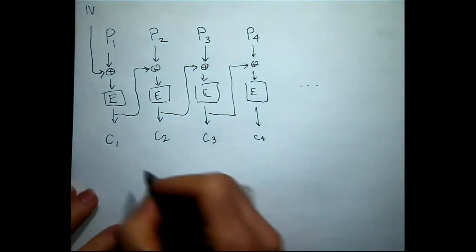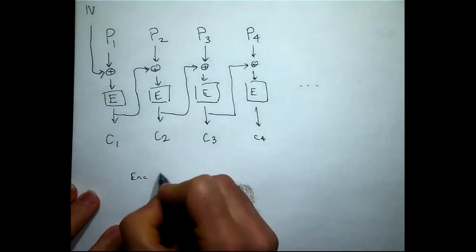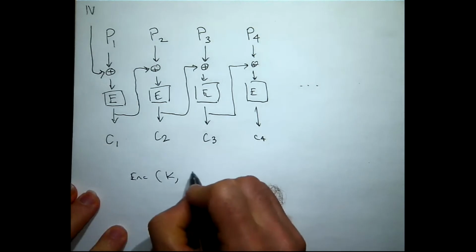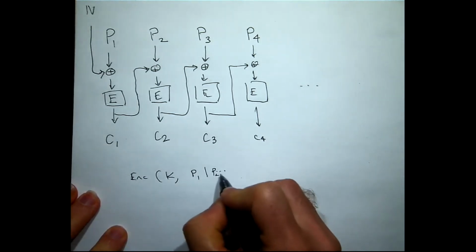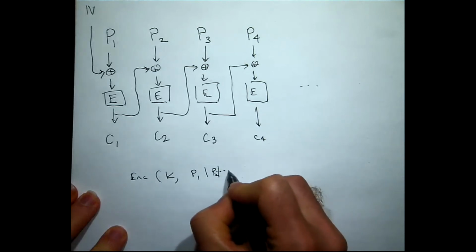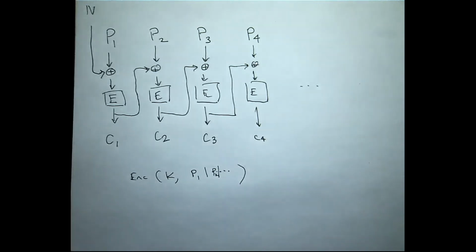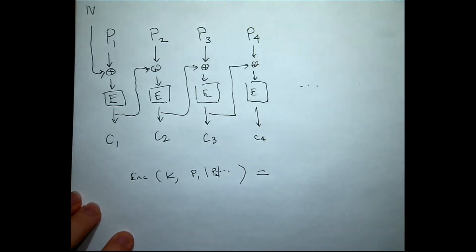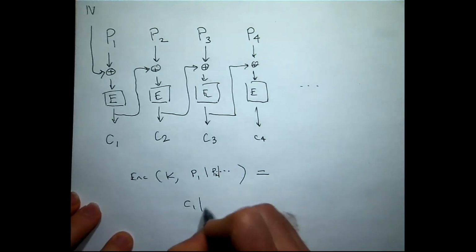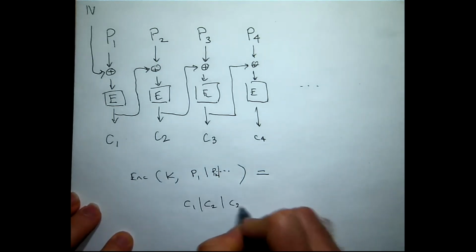So the encryption under the key K of the message with the blocks P1, P2, P3 will be, what do we send to the receiver to be able to decrypt? Well, we have to send C1 and C2 and C3.